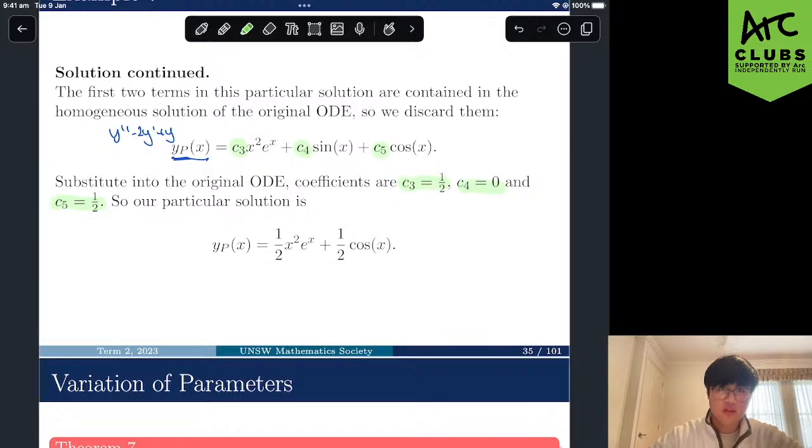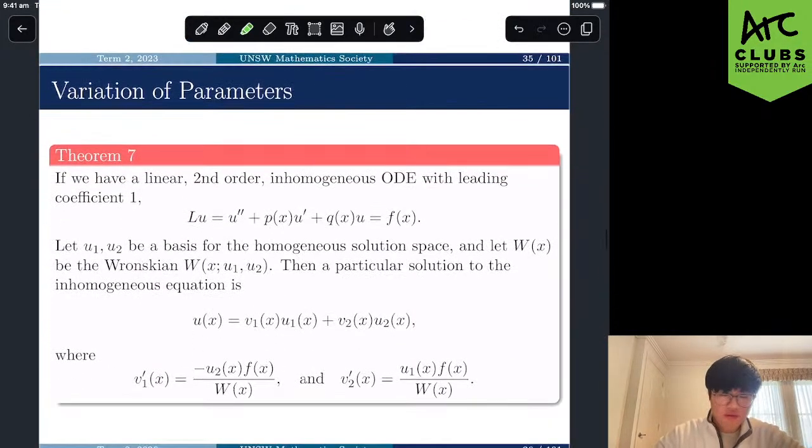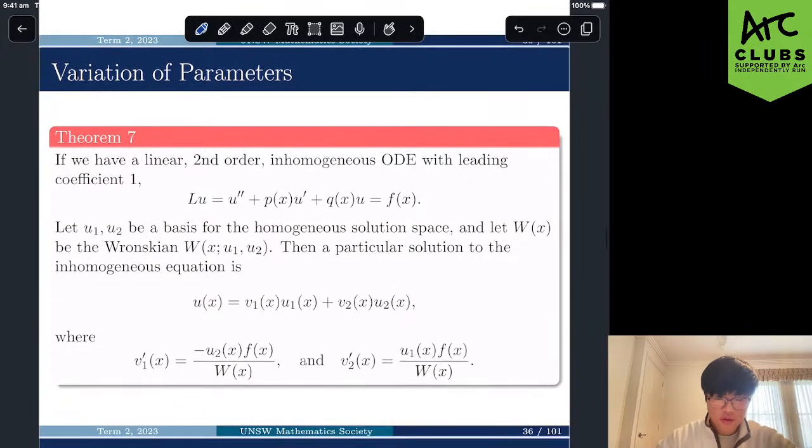Okay, moving on is the variation of parameters. Once again, it is just a theorem that you kind of memorize. So just say we have this ODE. Then let u1 and u2 be a basis for the homogeneous solution space. So essentially u1 and u2 are the solutions, and W of x is the Wronskian for u1 and u2.